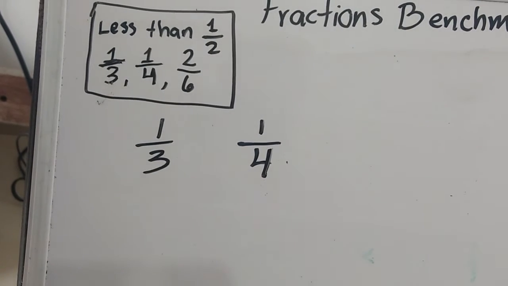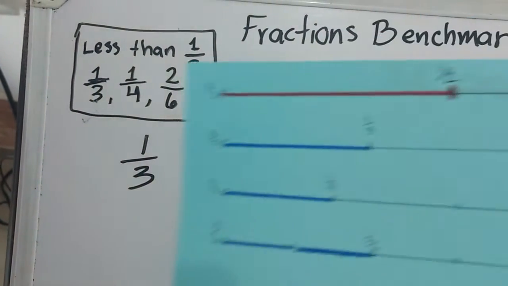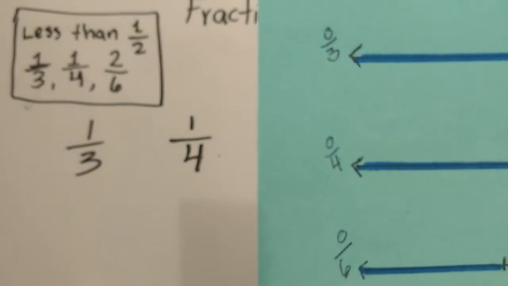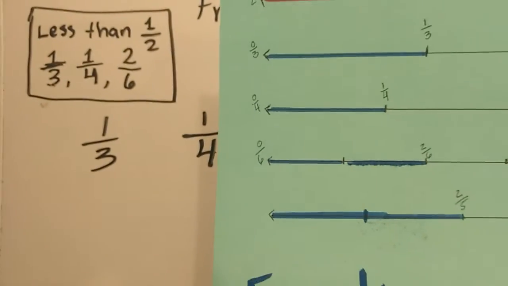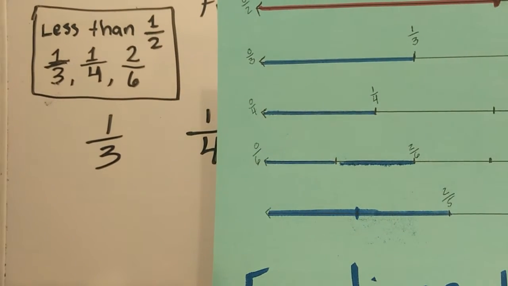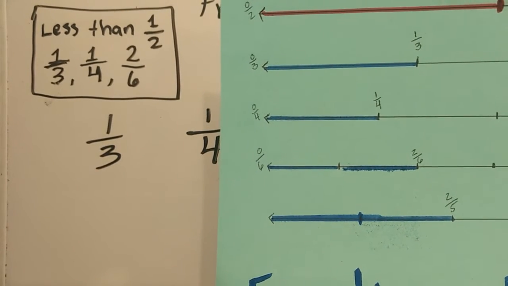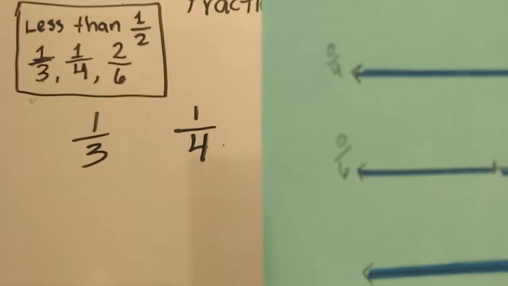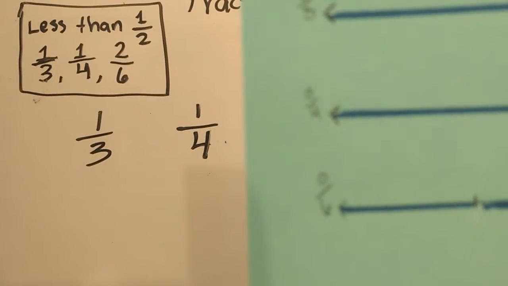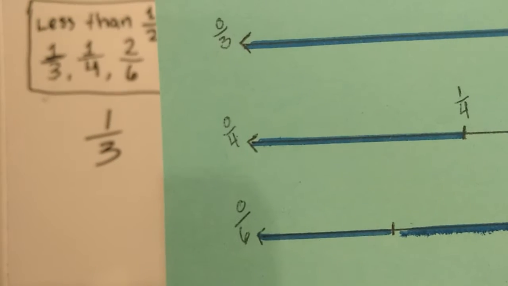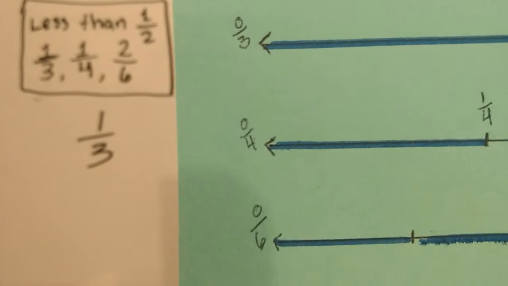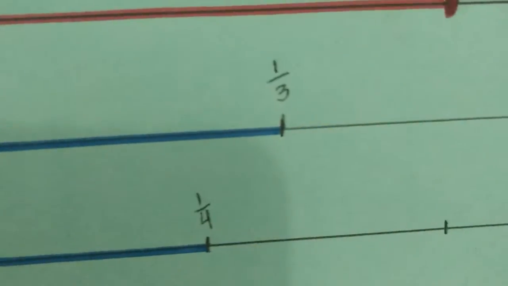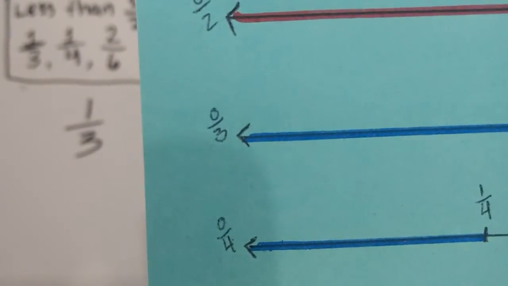Remember the zeros over here? Which one is closer, the thirds or the fourths? I think the fourths, right? So the fourths over here, oh, there you go. The fourth is closer than the thirds.